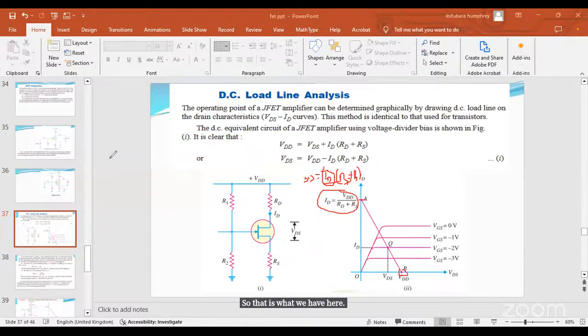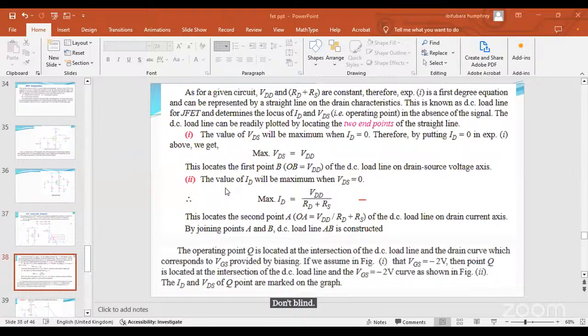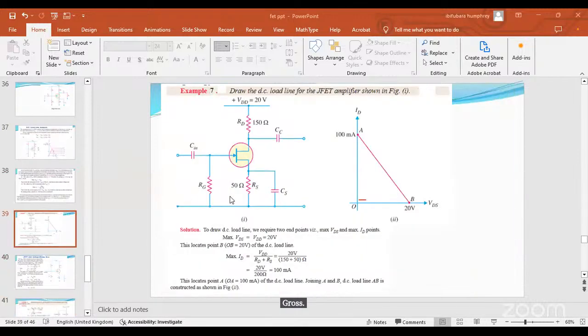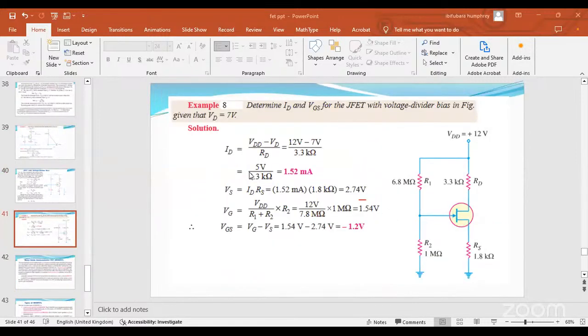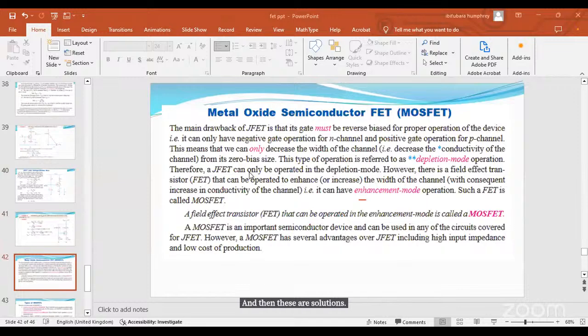So that is how to find your points, how to plot your load line graph. So that is what is explained here. So this is an example, and then these are solutions. So don't worry, we are rounding up.